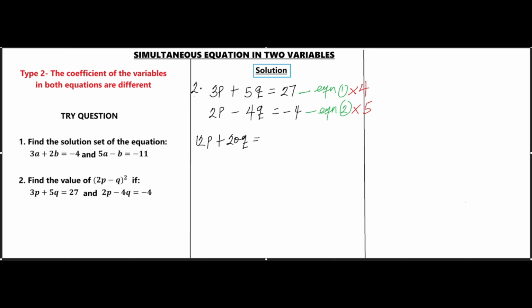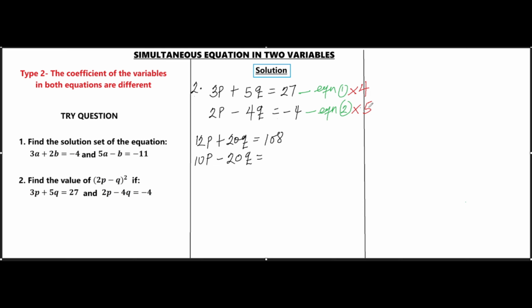And then 27 times 4, we have 108. And then the next one, 2p times 5, that is 10p. 5 multiplying minus 4q, we have minus 20q.